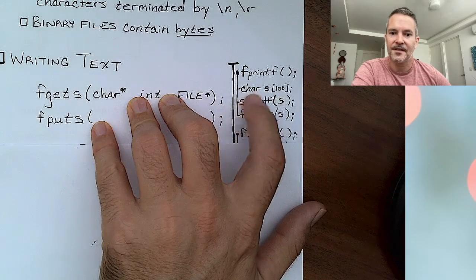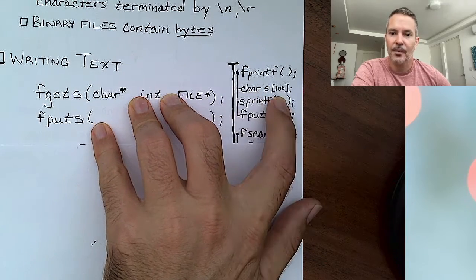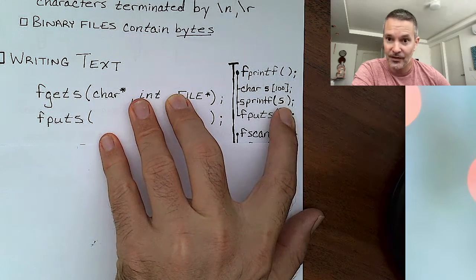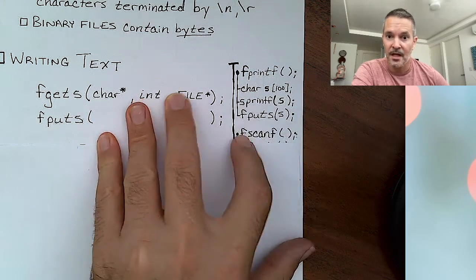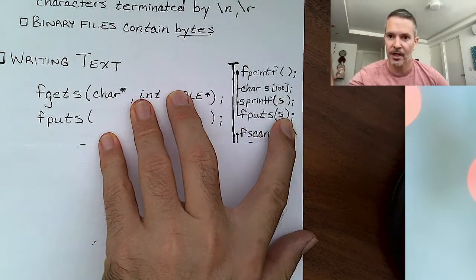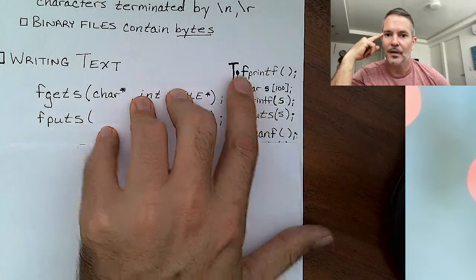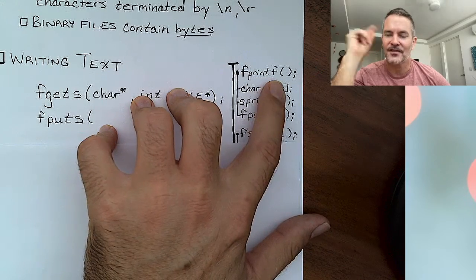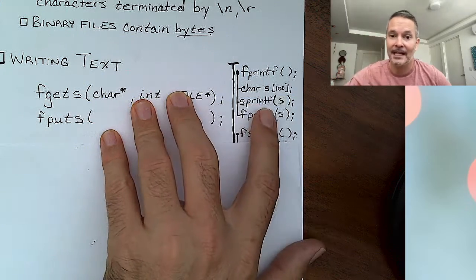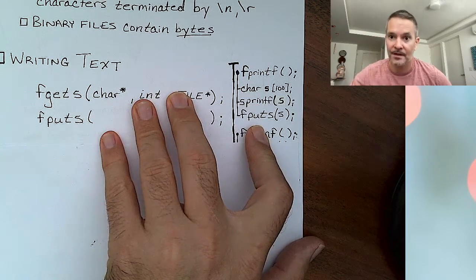Using fprintf is similar to setting up a character array, using sprintf to write a string into my character array, then using fputs to put the string into the file. So fprintf just gives us a shortcut for formatting a string and writing it into the file all in one step.